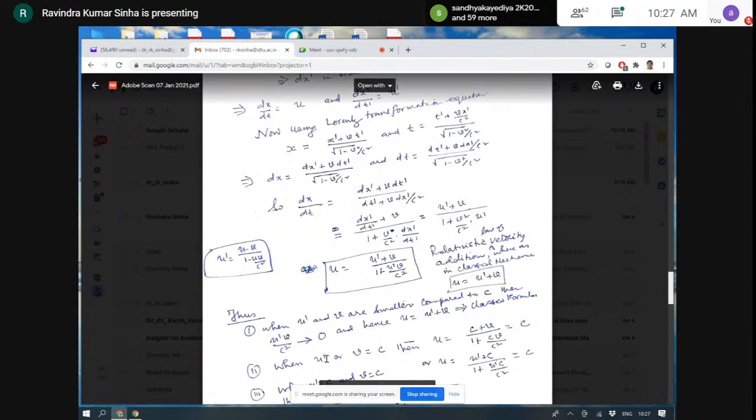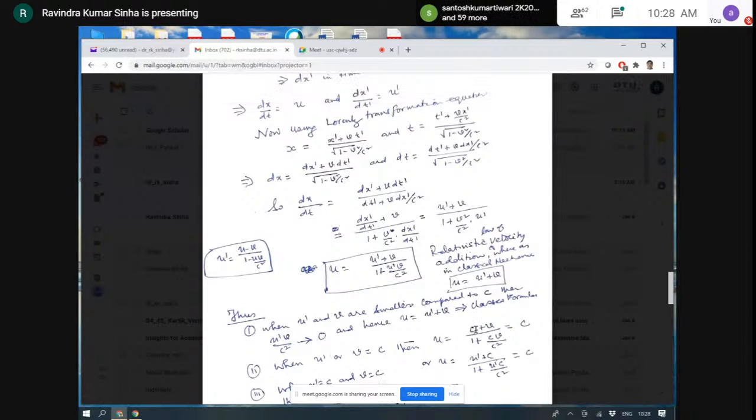Now, if you substitute u dash is equal to c, that is, your friend is nothing but a photon, light moving with velocity c, then I should have recorded from the platform a velocity of c plus v, which violates Einstein's postulates.